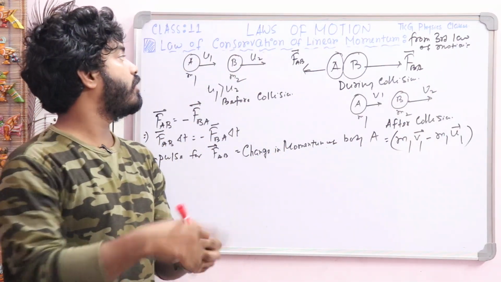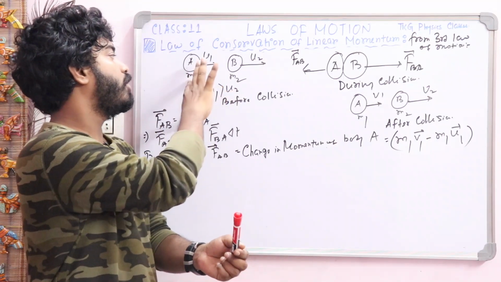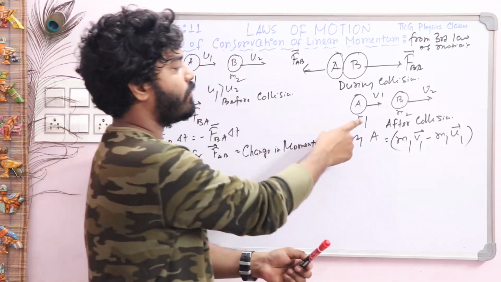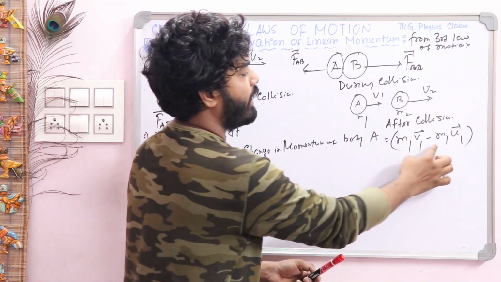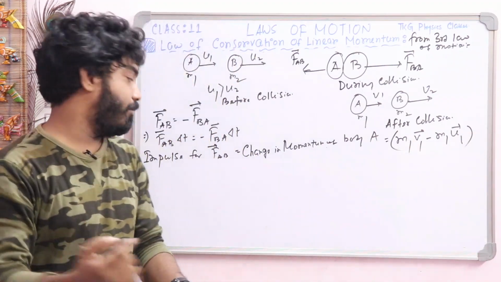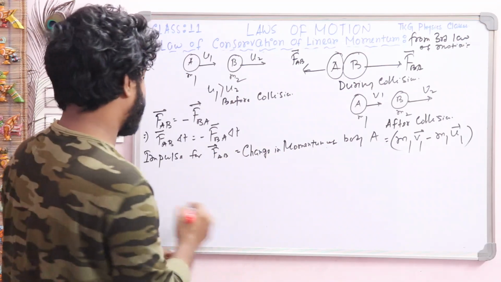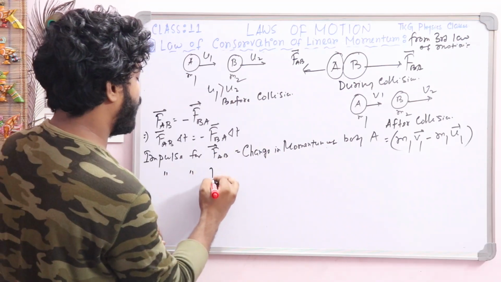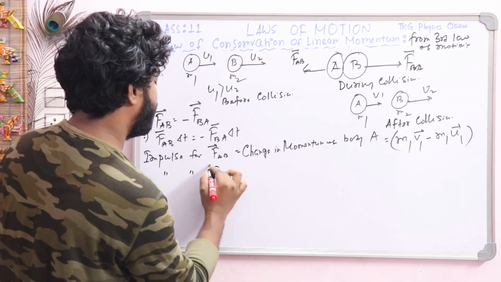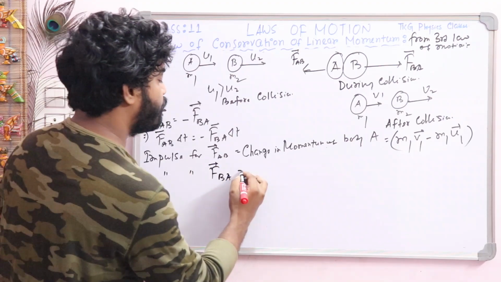Body A, initial velocity u1, mass m1, so initial momentum m1 u1, and this is the final m1 v1. Final minus initial, that is the change. And impulse for this force means the change in momentum. Similarly, you write the impulse for FBA.